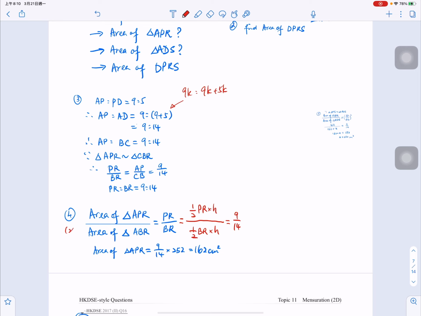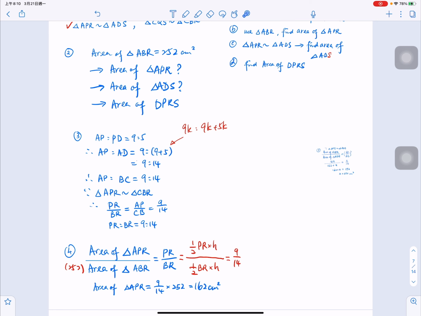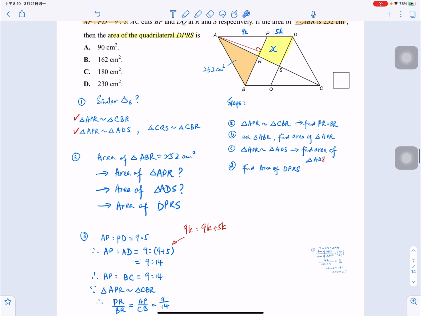And this one is 252, right? So 252 times this one equals the area of APR. Understand? That's great. Nearly finished, because now we know here is 162. Here is 162, right?